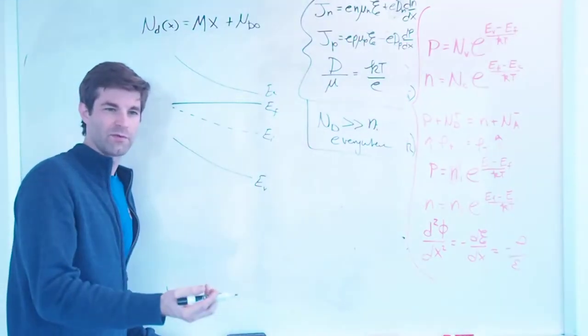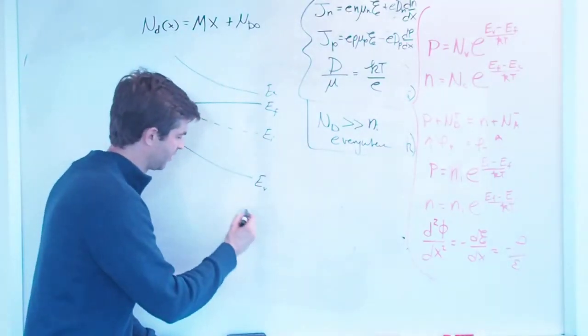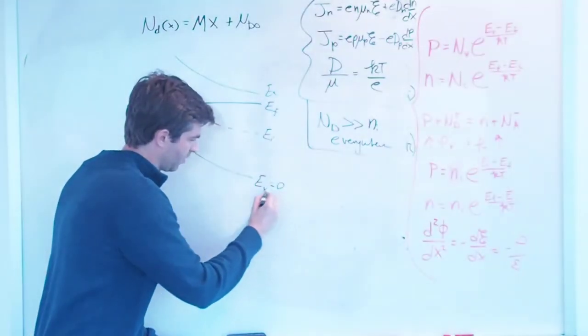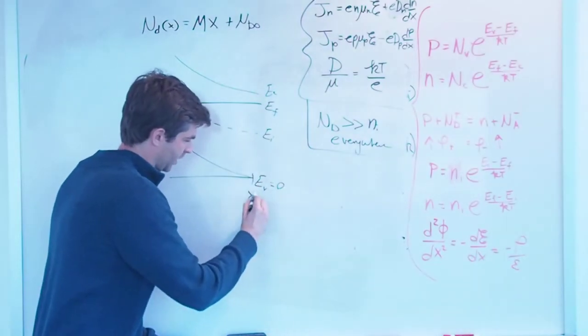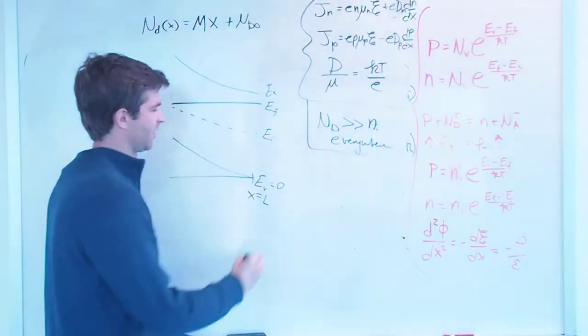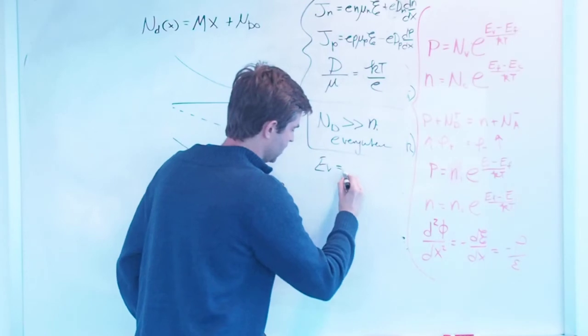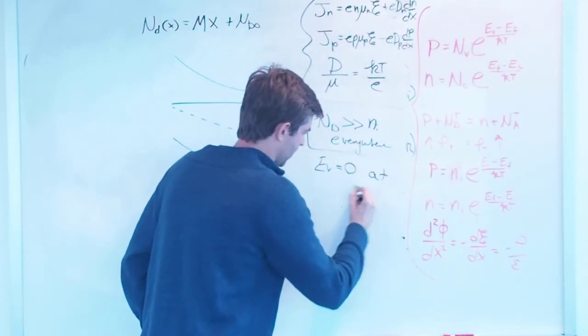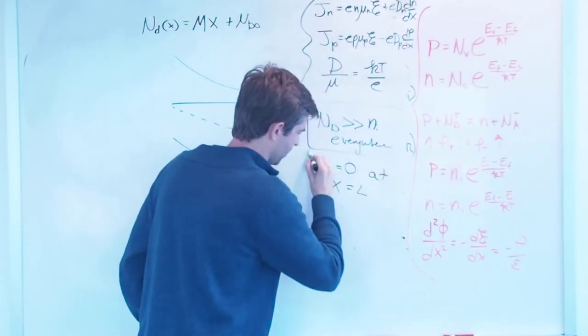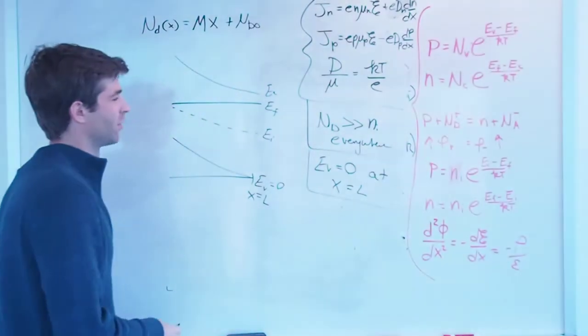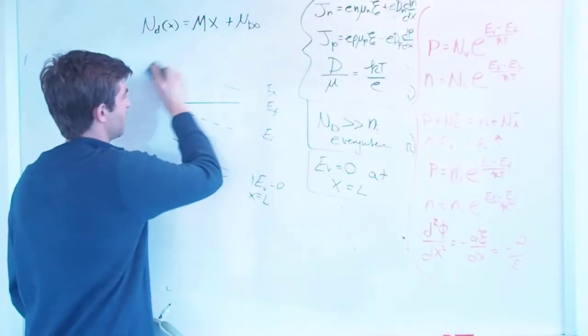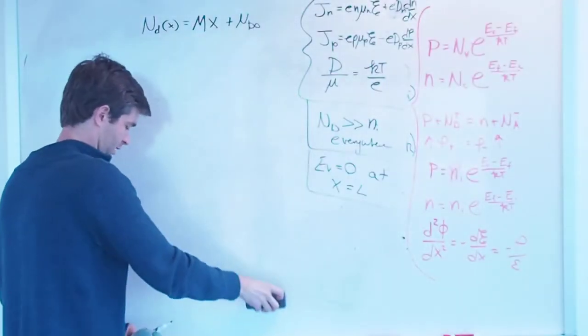And so what we do is we reference EV to be 0, and I'm going to reference EV to be equal to 0 at this point right here, x equals L, right? So I'm going to say EV equals 0 at x equals L, right? And this might work as a good boundary condition for some of the equations I'm about to go through, right?